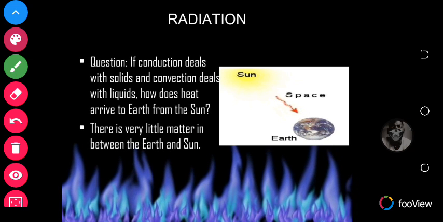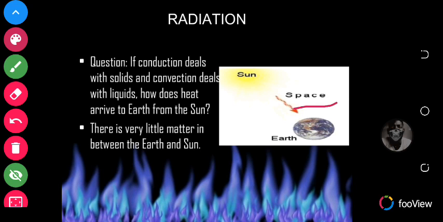So if conduction deals with solids and convection deals with liquids, how does heat arrive at the earth from the sun? There is very little matter in between the earth and the sun, and that is space, or vacuum.